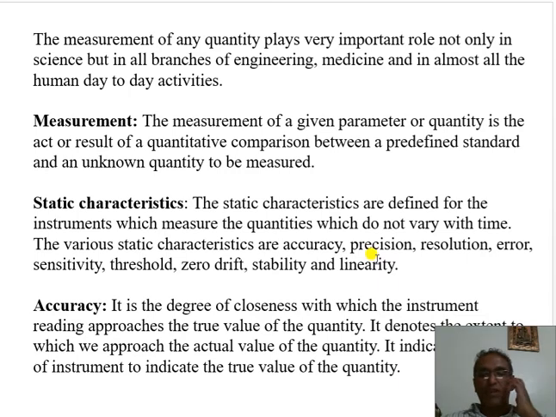For example, if I have a resistance of 1 kilo ohm and I measure it using a digital resistance meter, it should show 1 kilo ohm, or nearly 999, which is nearly equal. A plus or minus 5 deviation will be there, but the accuracy with which it reads is known as accuracy.